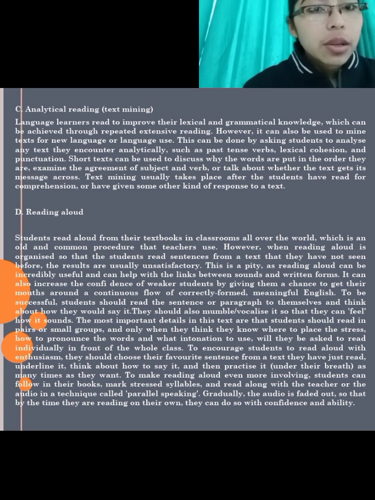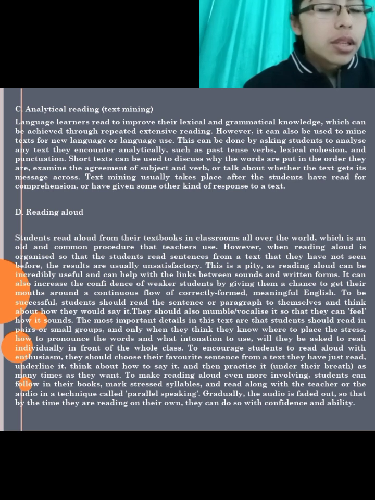It can also increase the confidence of weaker students by giving them a chance to get their minds around a continuous flow of correctly formed, meaningful English.